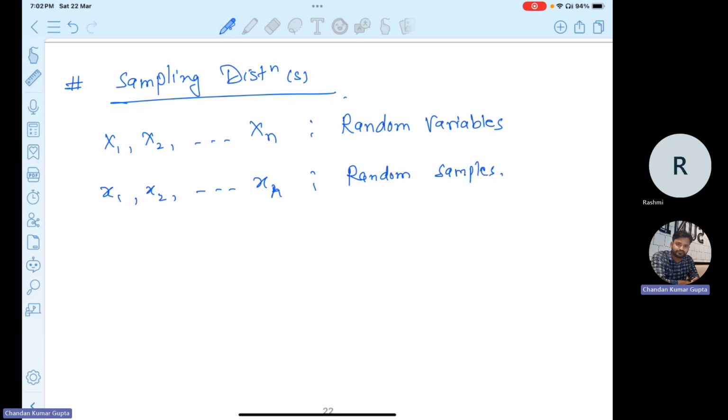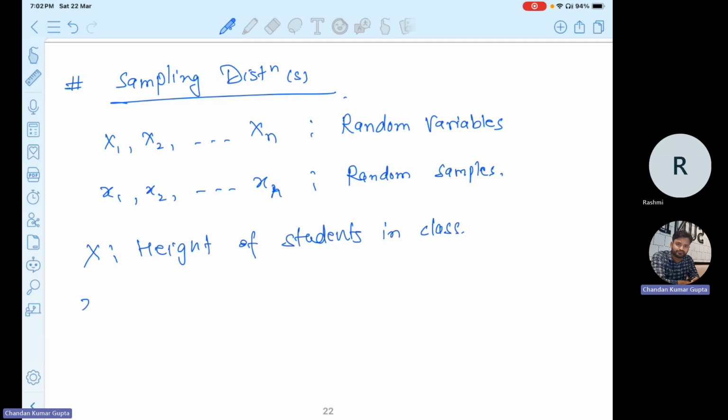Suppose we are discussing the height of students in a class. Then this X is the height of students in the class. So this is a random variable.